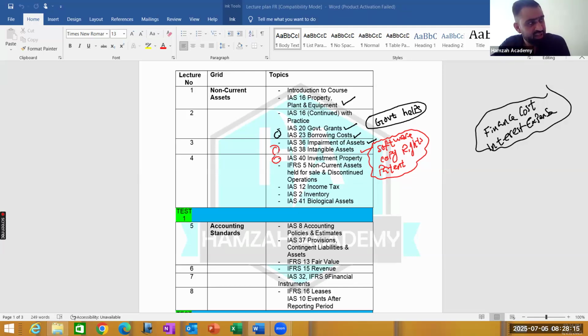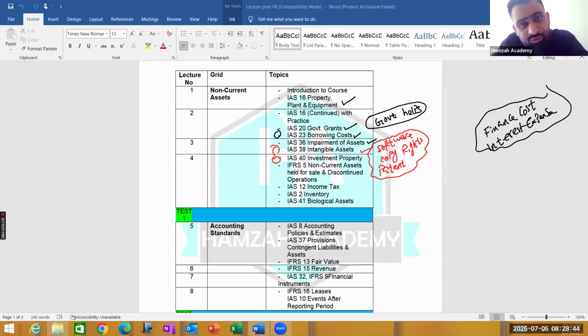Like a property which is held for a factory, a property held to provide services, a property in which we are running our retail business, a property where we are running education facilities. This property is held for use in business, and it is accounted for under IAS 16, property, plant and equipment.